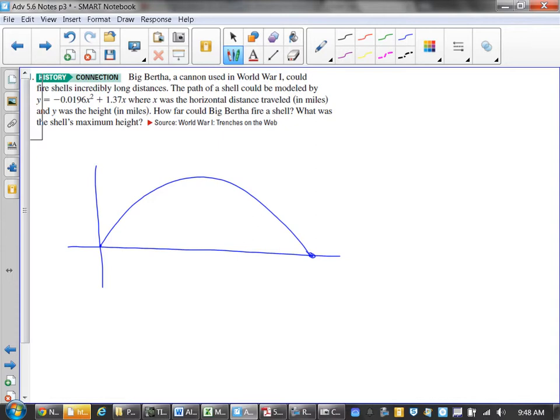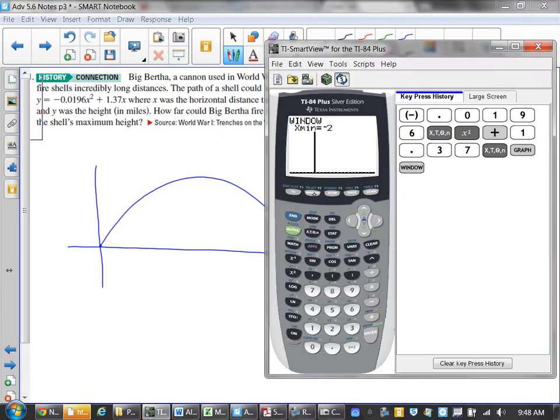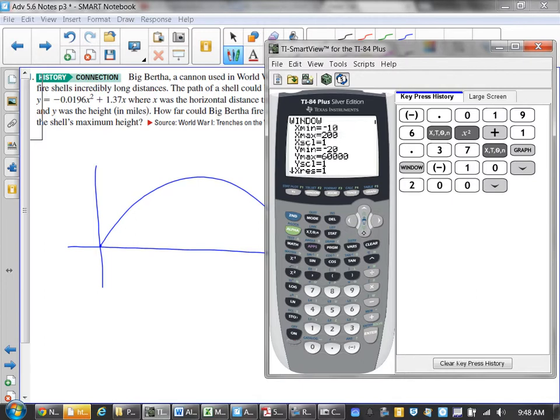So what I'm trying to do here is adjust my window to visualize it. Do I need to have anything in my window more negative than negative 10? Not really. My x maximum, I don't know how much it's talking about in terms of miles, so let's just say 200 miles. My y minimum I could leave at negative 10 again.